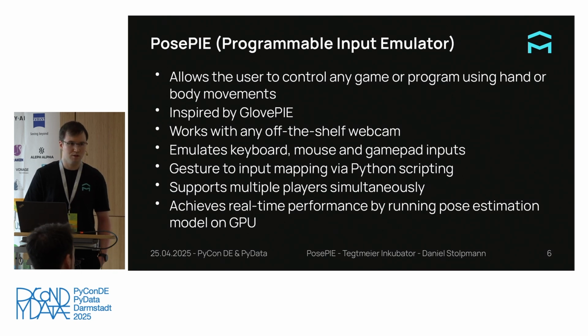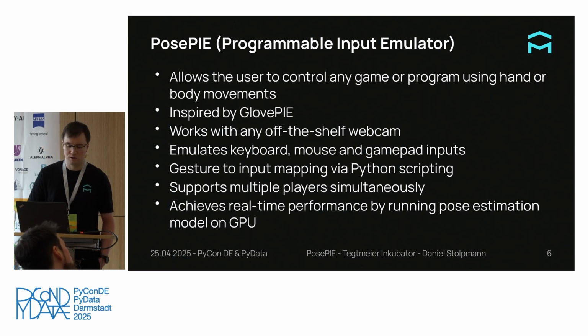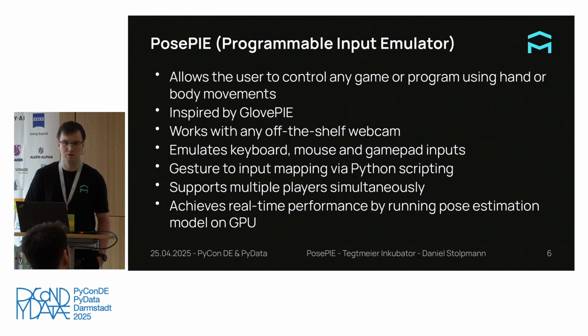We emulate keyboard, mouse, and gamepad inputs from it, and you can use Python scripting to map the detected gestures to these inputs, so you can adapt it to your own application. We also support multiple players simultaneously, and we can achieve real-time performance by running the pose estimation model on the GPU.